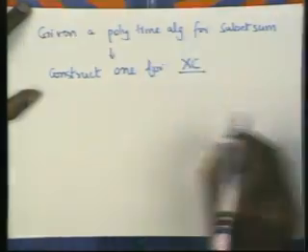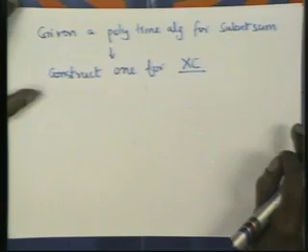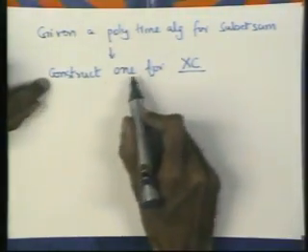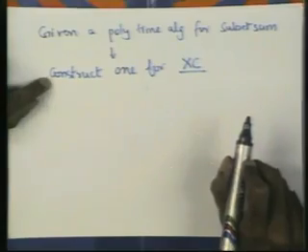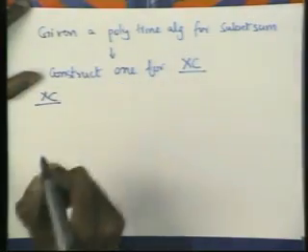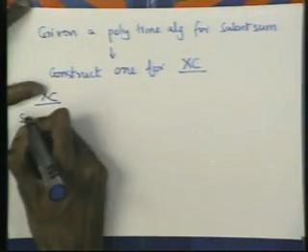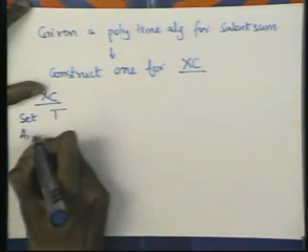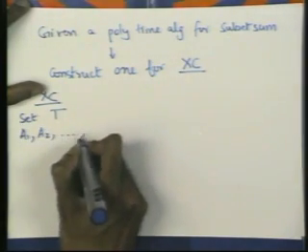Since we are constructing one for exact cover, somehow we should convert inputs for exact cover into inputs for subset sum. So what are the inputs for exact cover? We have exact cover on this side. The input is a set T and subsets A1, A2, and so on up to Am.